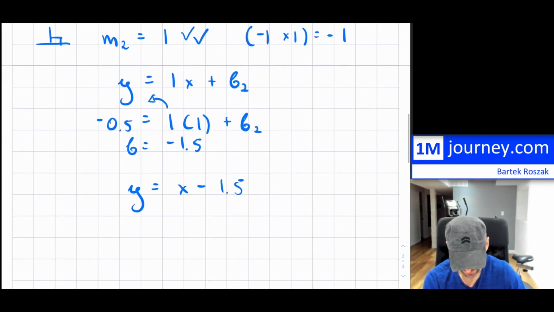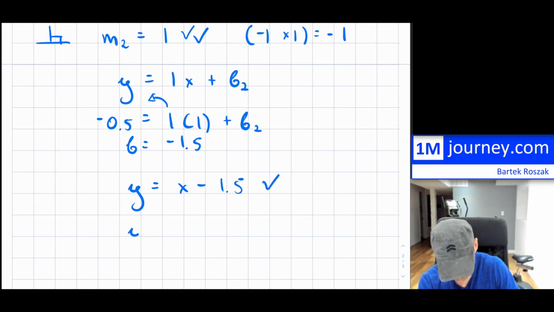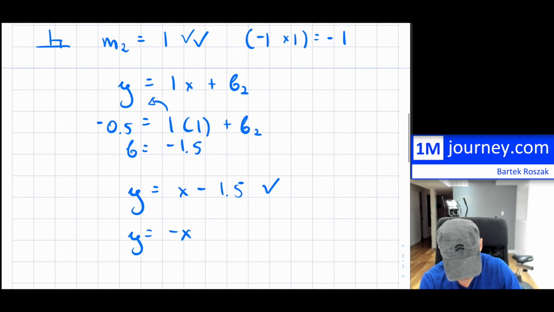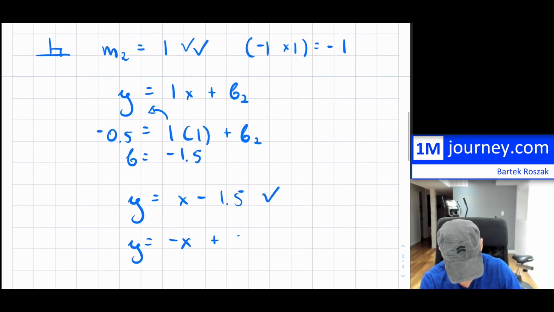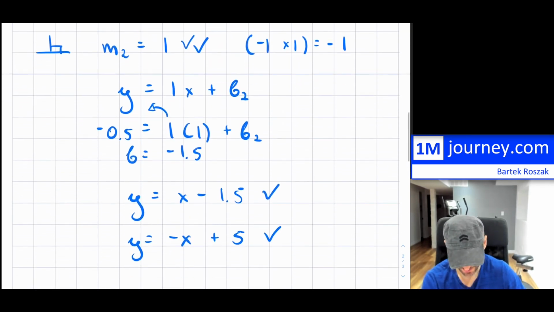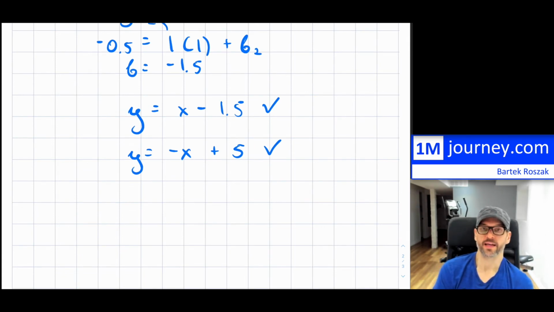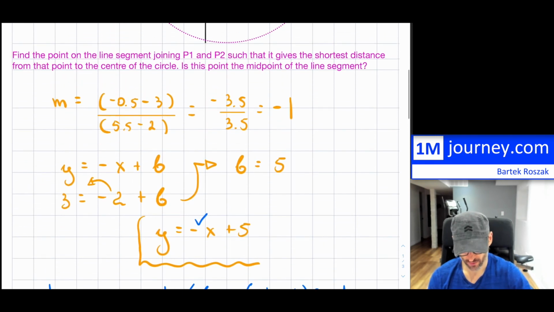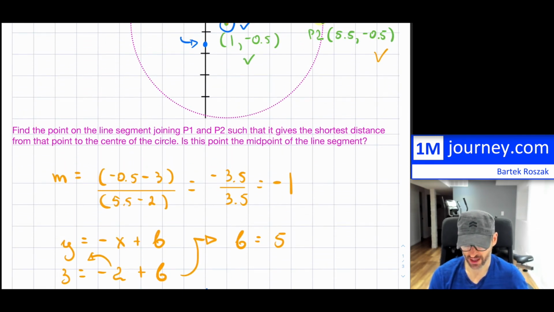Now I have my two lines: my original line, which is y equals -x plus 5, and that's my second line. And now the intersecting point between these two lines is what I am looking for, which is the actual point on my line segment.